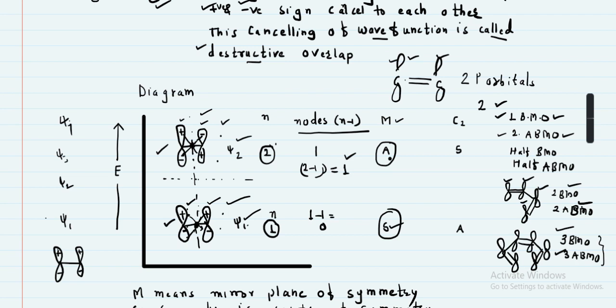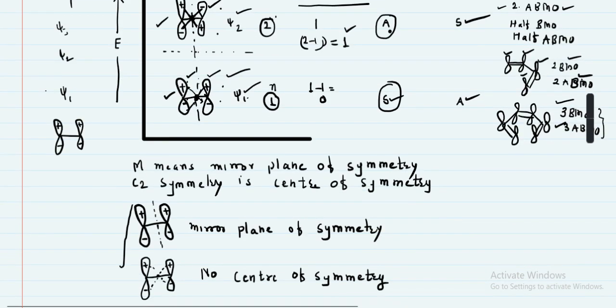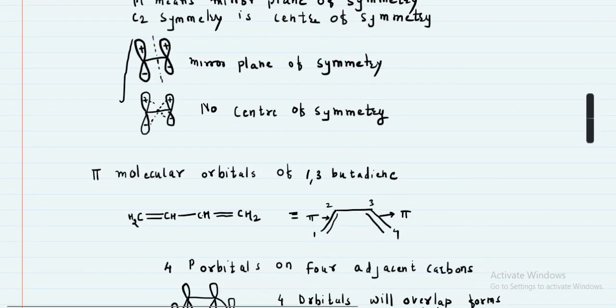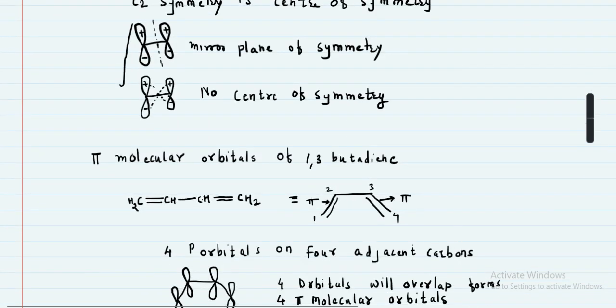Therefore on this line positive, positive is obtained and on this line negative, negative is obtained, so this case has the center of symmetry. Therefore this case is symmetric under C2, and this other case is asymmetric.